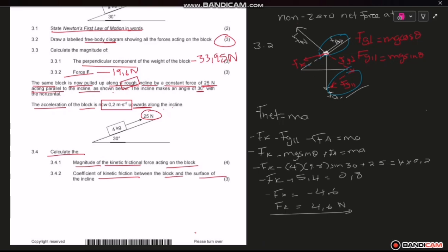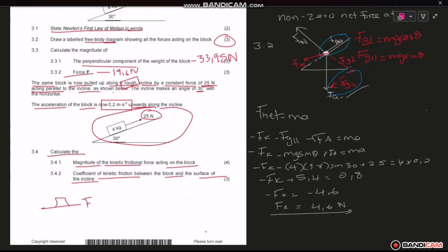They want us to calculate the coefficient of kinetic friction, and this is the formula that we use: Fk equals mu k times N. They want us to find mu k. We do have the value of Fk, so for us to do so, we must also have the value of the normal force. If you watched the first part and the second part, we talked about the formulas for calculating Fn.